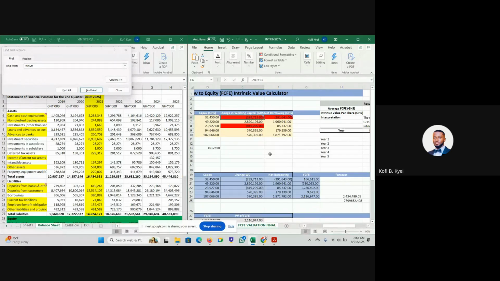Everything will come out as negatives, and you have to be smart to identify how you're going to go about this. So let me assume that change in working capital for year one is, let's say, minus 1 million. Let's say 100,000. Then this is minus 200, minus 300.